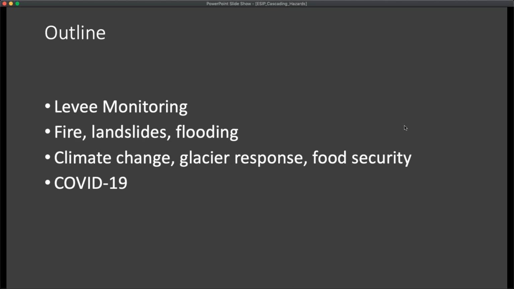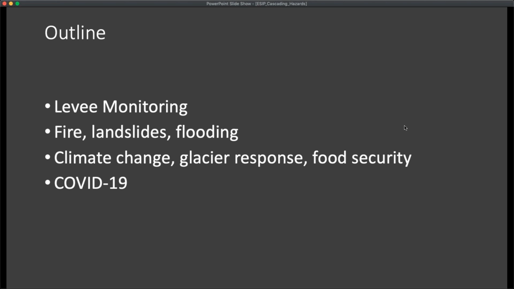For example, you have a fire, then a heavy rainfall triggers a landslide, and that triggers flooding. That type of interaction is very rapid, and it can do a lot of damage. So it is one of the major things that we're trying to look at.